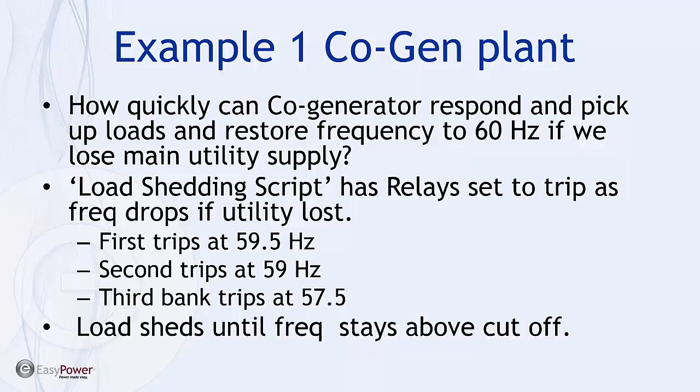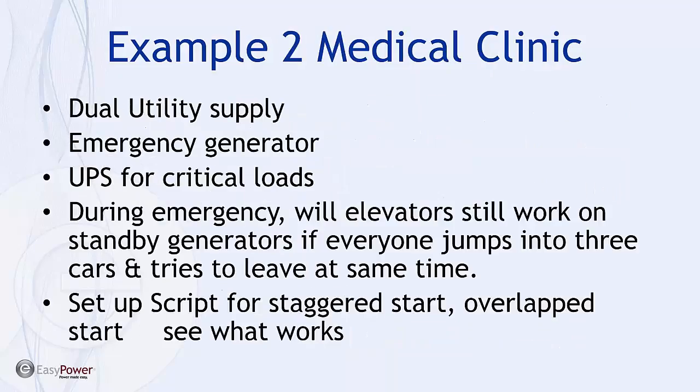So again, this would be valuable both in tuning the response time of the cogeneration, but also setting up the critical load arrangement if we're worried about losing utility power.